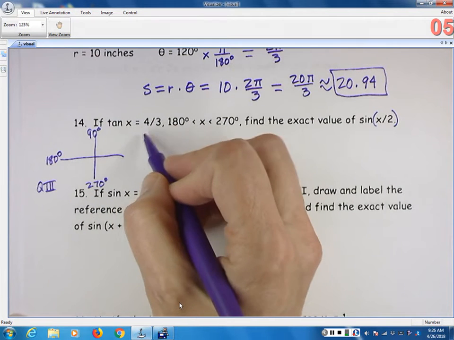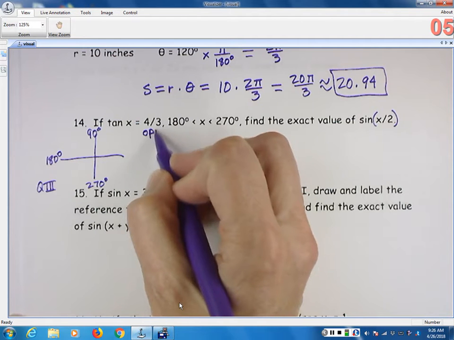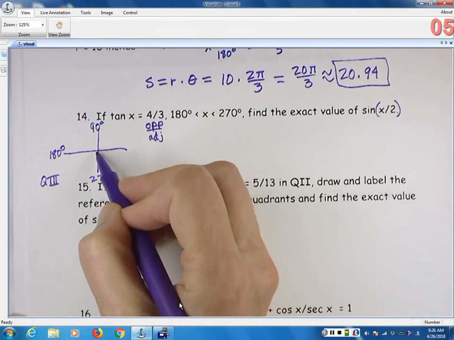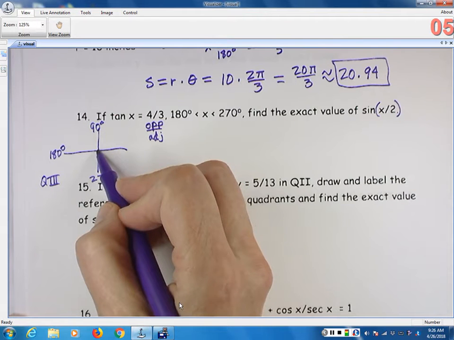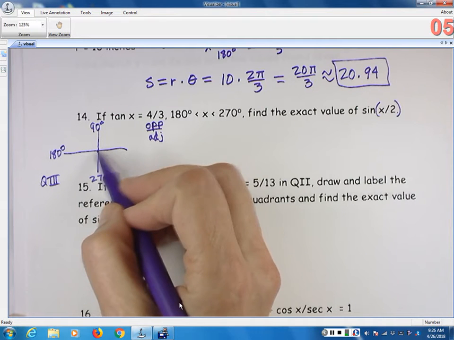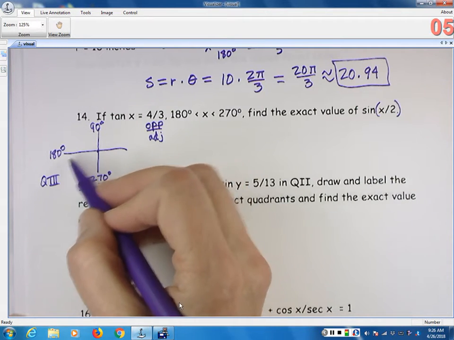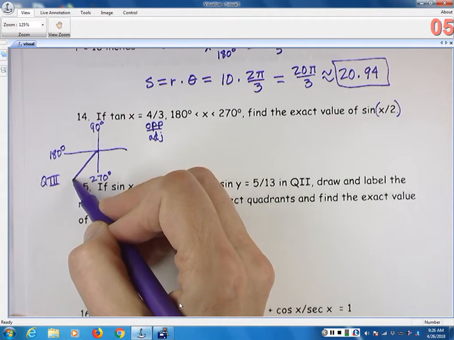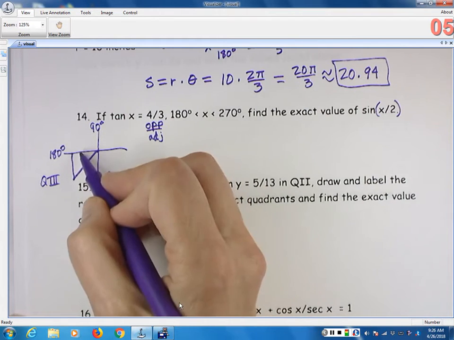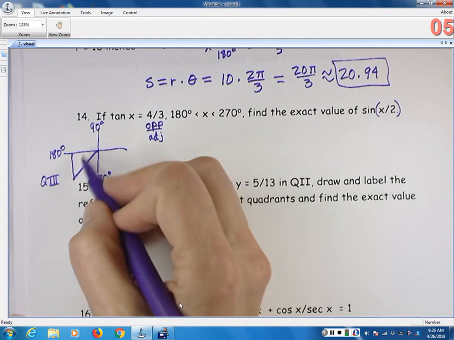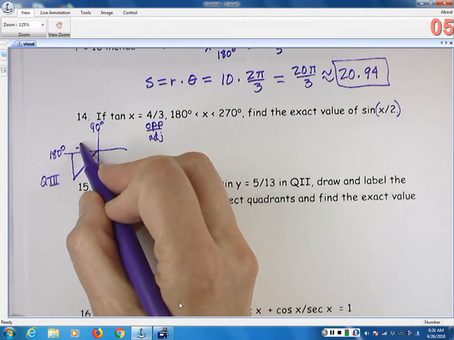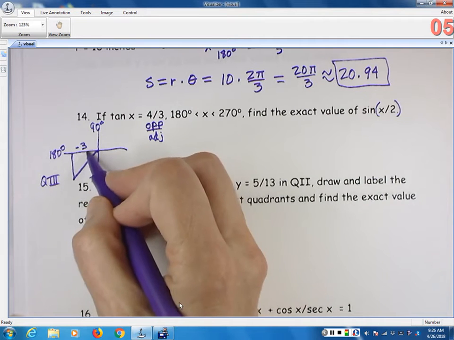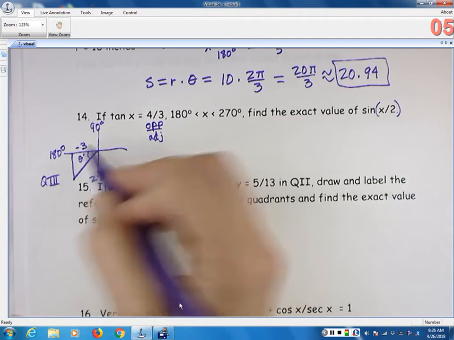Tangent is opposite over adjacent. So this is our angle somewhere in here. Opposite is bigger. So this side is -3. Opposite of this is our theta prime, our reference angle.